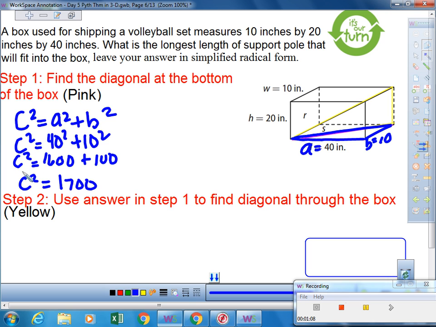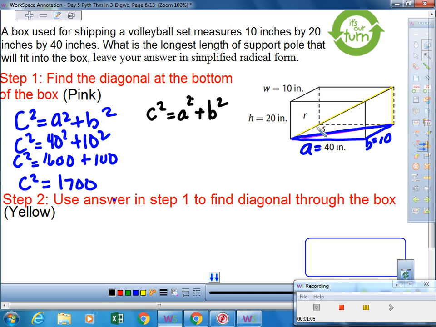Now, I'm going to leave it like that. I am not going to take the square root. So now, c squared equals a squared plus b squared. So now we are going to find, oh my goodness.